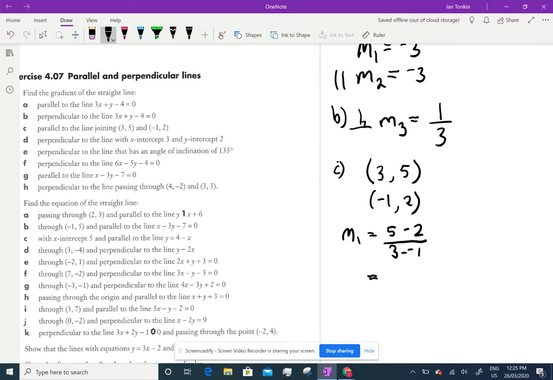That'll give you 3 on 4. So the gradient of the line that goes through those 2 points is 3 on 4. Therefore, the gradient of the line parallel is also going to be 3 on 4.